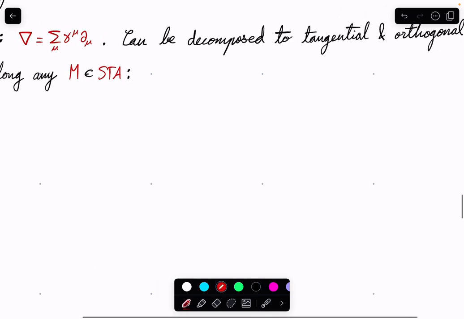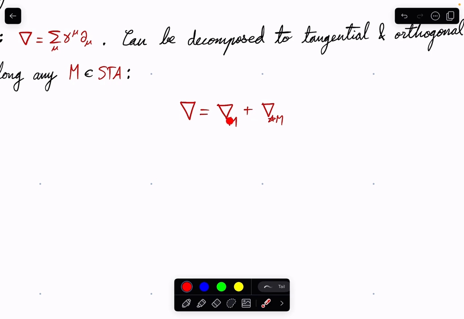What this looks like is del equal to the tangential gradient plus the orthogonal gradient, where this is taking the derivative on the surface of this multivector M, and this is taking the derivative directly orthogonal to this multivector M. So if this were a vector, then this would give the rate of change along the vector, and this would give the rate of change in the plane orthogonal to the vector.